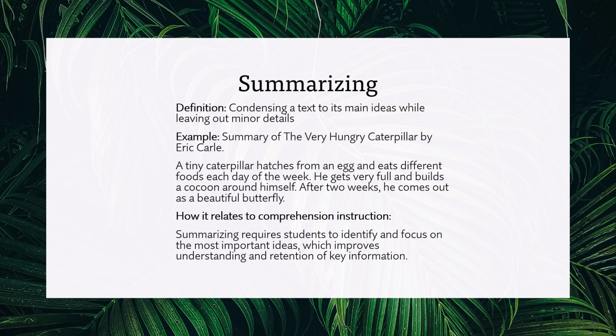So I left out all of the minor details of what types of food he ate. So this relates to the classroom because the students can identify the main ideas and improve their understanding of key information from the story so that they don't get caught up on the small details that may not be so important.